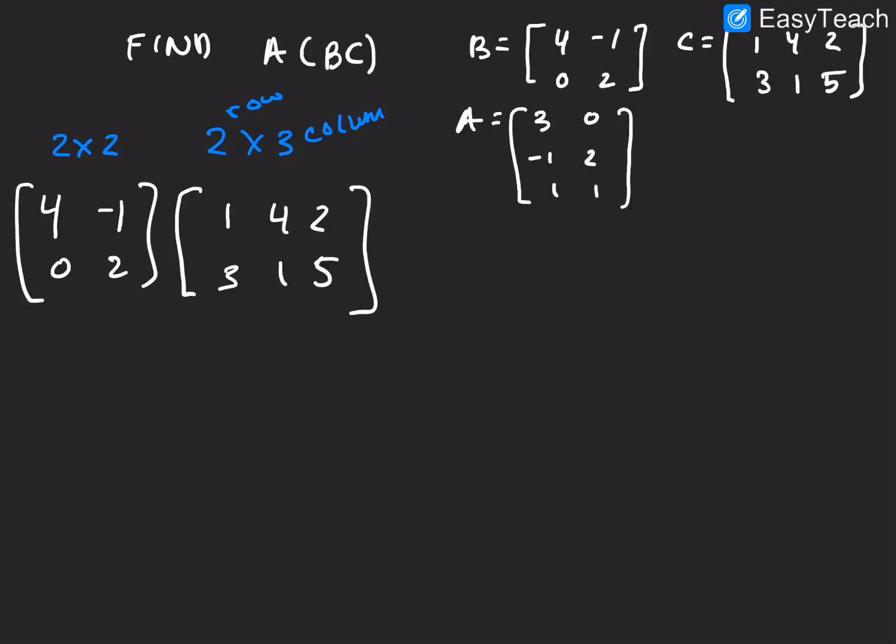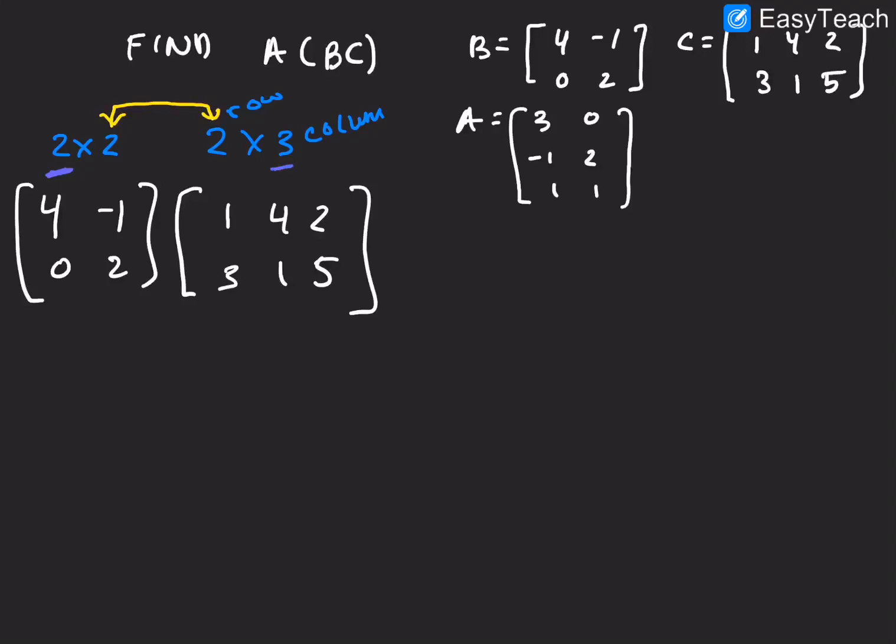What it means is there's 2 rows and 3 columns. So when you do matrix multiplication, if these inner numbers are the same, so you have 2 and 2, your resulting matrix after you multiply should be a 2 by 3 matrix.